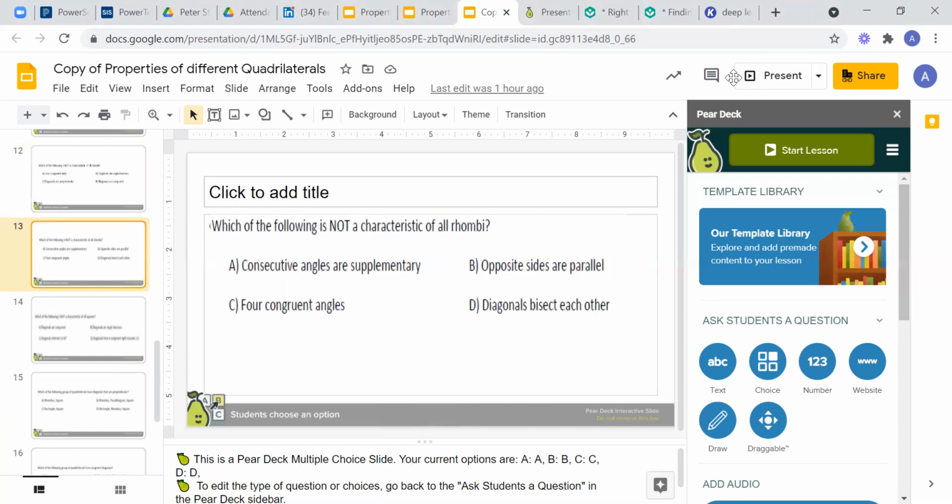Which one is the wrong answer here again? Okay. Consecutive angles are supplementary.